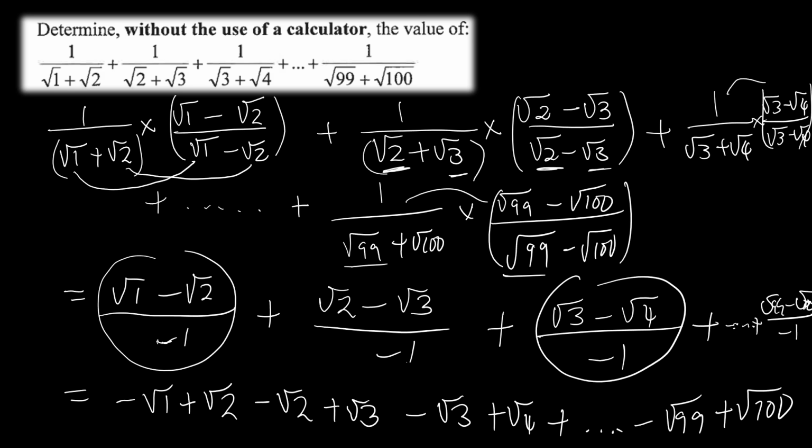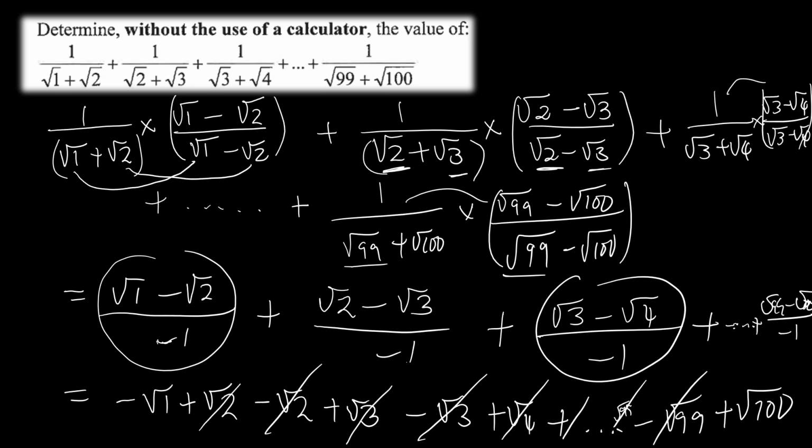Okay, let's observe something here. Can you see that this root 2 minus root 2, root 3 minus root 3, root 4? Obviously, if we had continued, there will be minus root 4 here. Obviously, here there will be 99, which will subtract that other one.